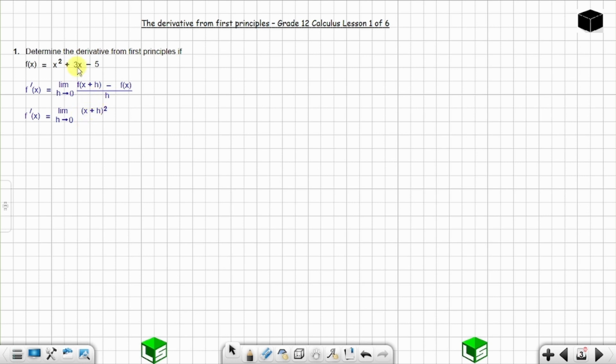Remove x whenever you see x and put x plus h. Let's carry on. You're going to have plus, remove x, you put x plus h, and then you have minus 5. Let me close everything inside the square bracket like this so that I don't confuse what I'm doing. You have minus, and now after you finish with x plus h, you are going to take x and plug x in there.